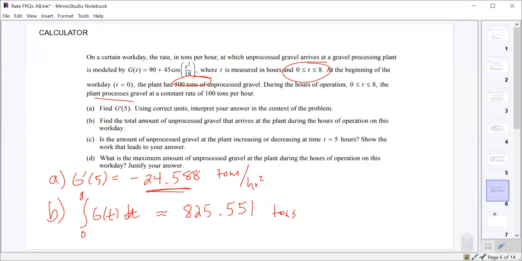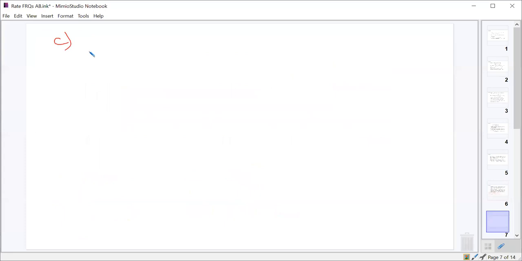The actual amount of gravel, we'll write this out. We'll call it A. The amount of gravel is equal to 500, the initial amount, plus the integral from 0 to some t value of g, that's the function, g of x, minus how much is being removed? 100 tons per hour, so 100t.